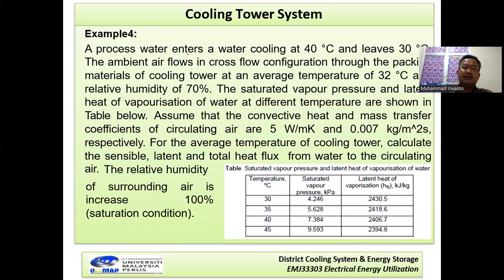Let's look at this example. Process water enters a water cooling tower at 40 degrees Celsius and leaves at 30 degrees Celsius. The ambient air flows in a cross-flow configuration through the packing material of the cooling tower at an average temperature of 32 degrees Celsius and relative humidity of 70 percent. The saturated vapor pressure and latent heat of vaporization of water at different temperatures are shown in the table below.